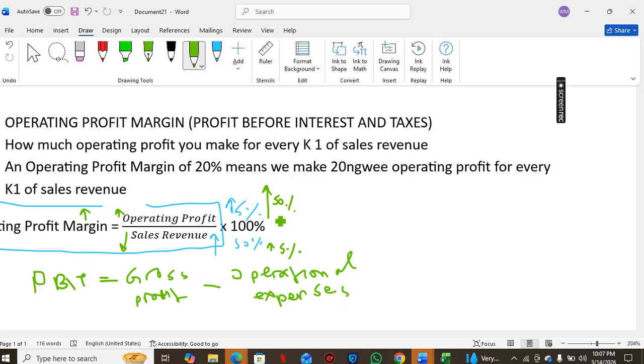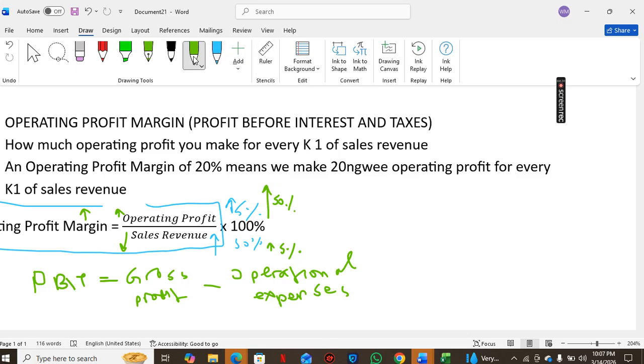Okay. So when operating profit margin drops or increases, apart from looking at the increase or decrease of operating profit or sales revenue, we also want to look at the operational expenses, because they can also tell part of the story.